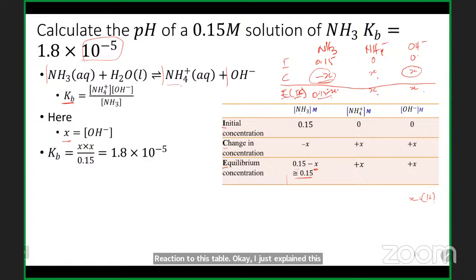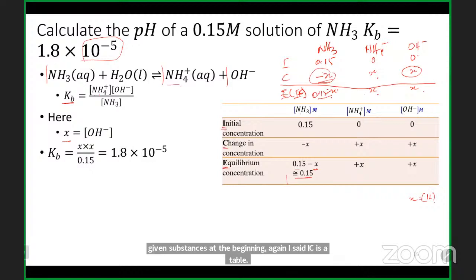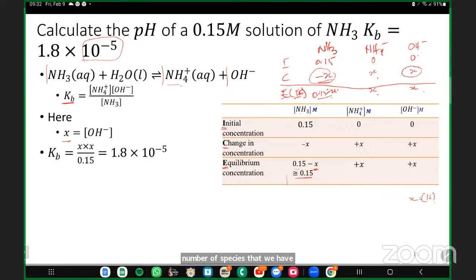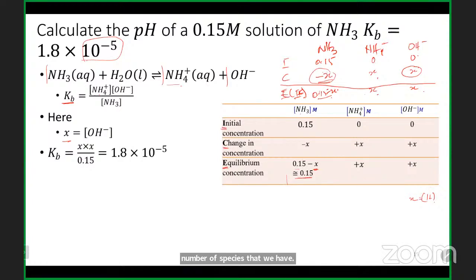When you're given substances at the beginning, again, ICE is a table to tabulate the concentrations of your species. We're running out of time, it's 9:30. The number of species that we have will determine how many columns you have. In this example, we have NH3, NH4+, and OH-.